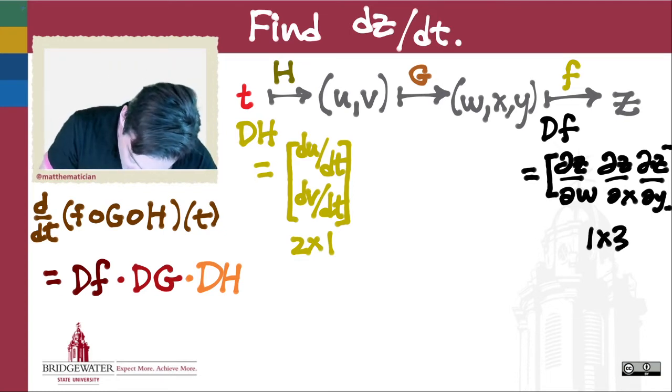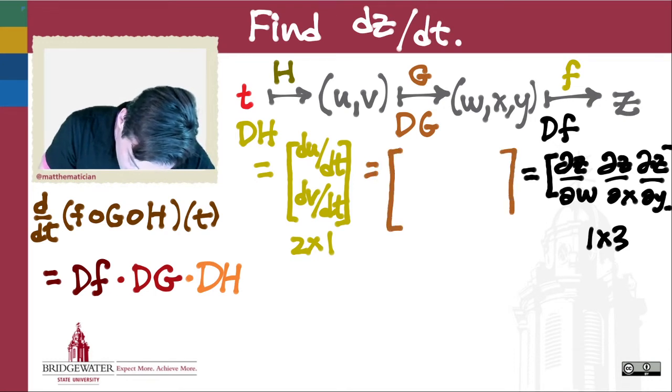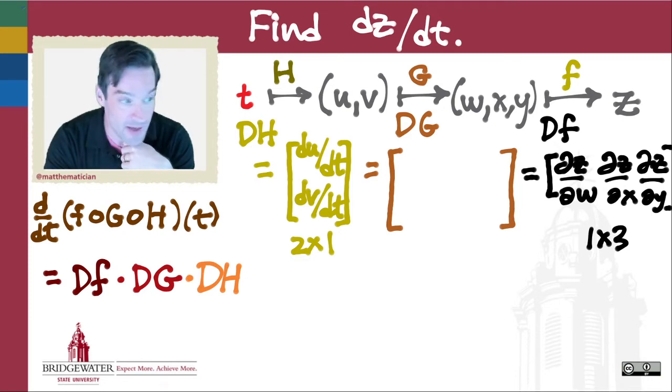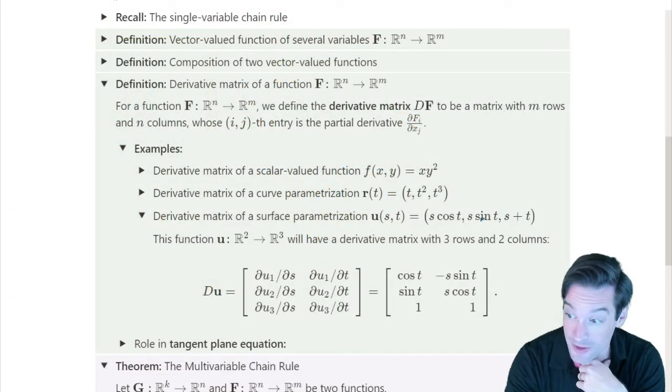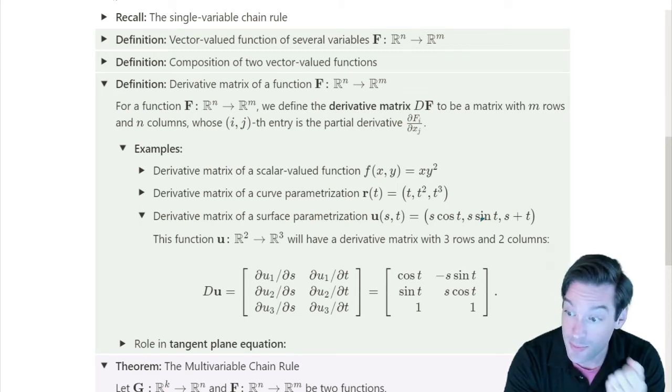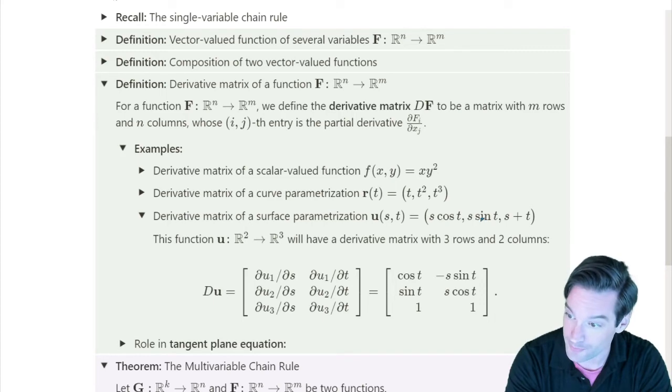And then I have this g function in the middle. This is the most interesting function of the bunch, I think. If I want to find this derivative, now this is going to be a proper matrix. It takes two variables and produces three scalar outputs. So this looks an awful lot like the derivative matrix of a surface parameterization, like the one we looked at a minute ago. Its derivative matrix is going to have 3 rows because it's outputting 3 quantities, and 2 columns because it's inputting 2 scalar inputs.